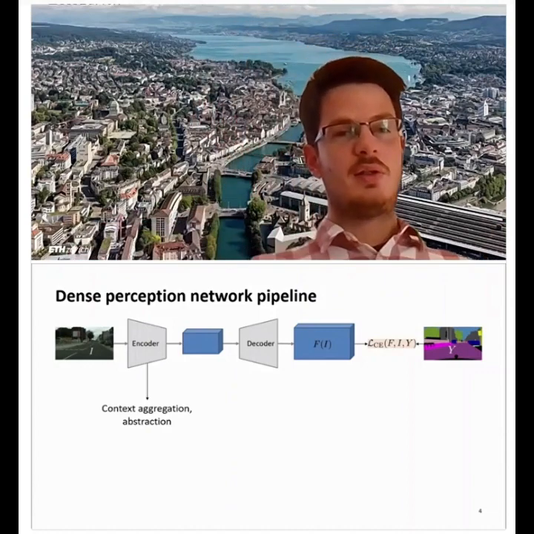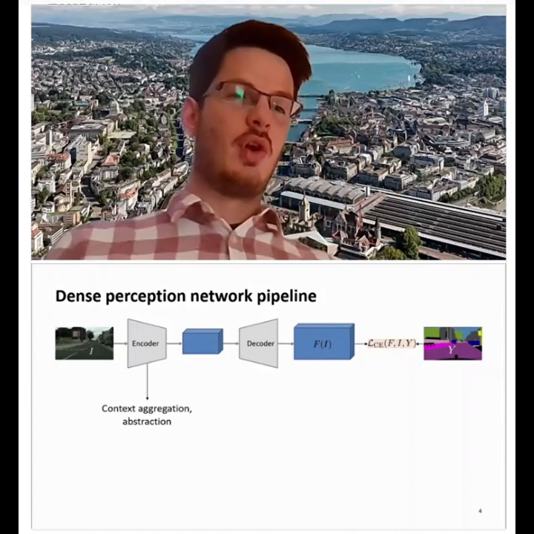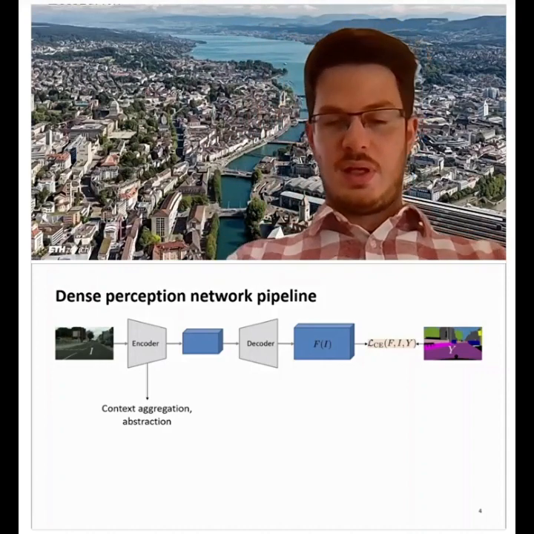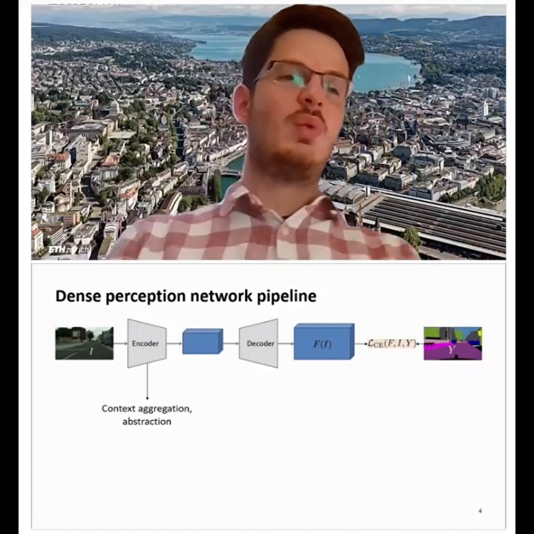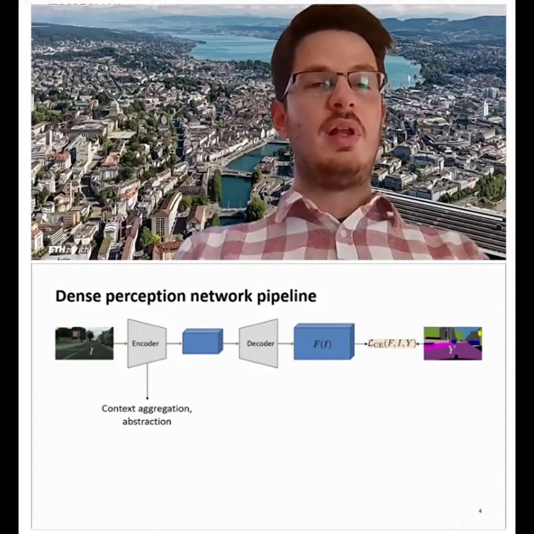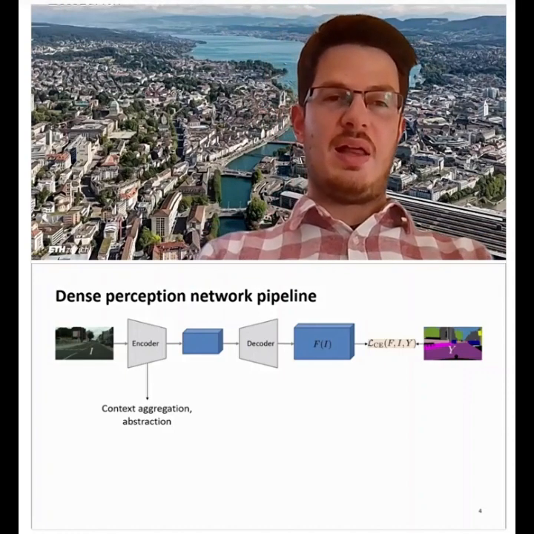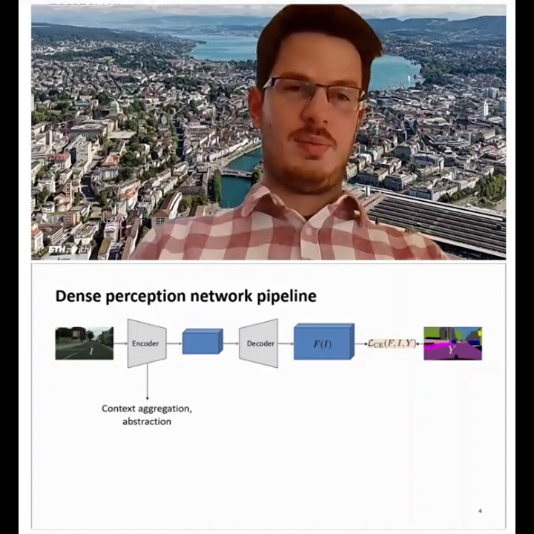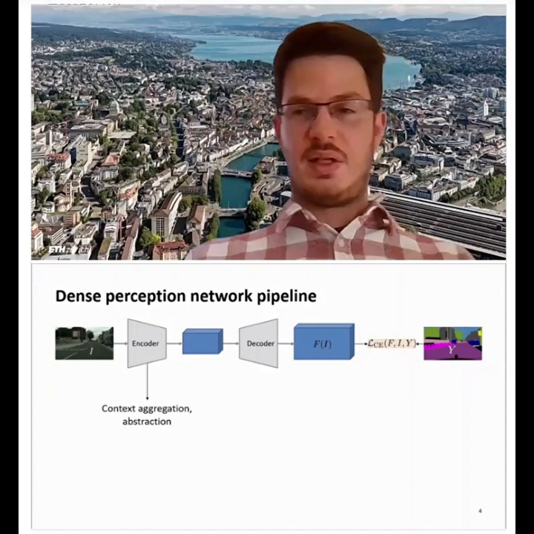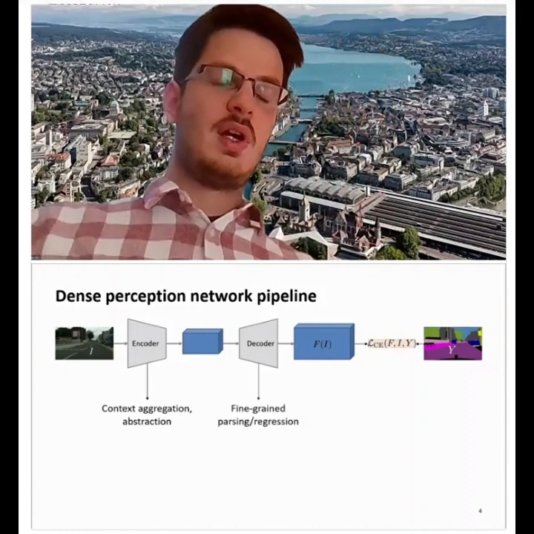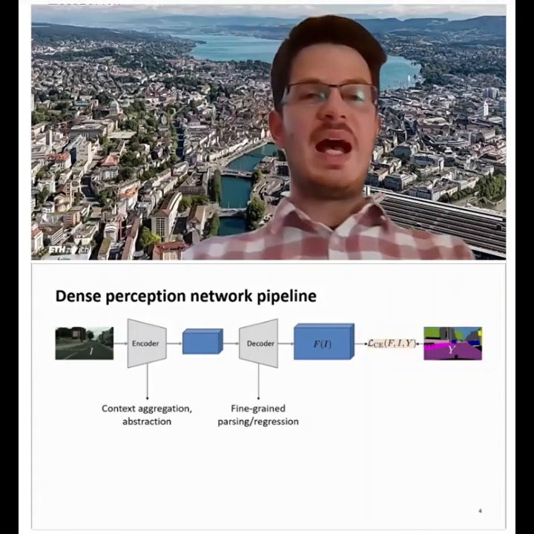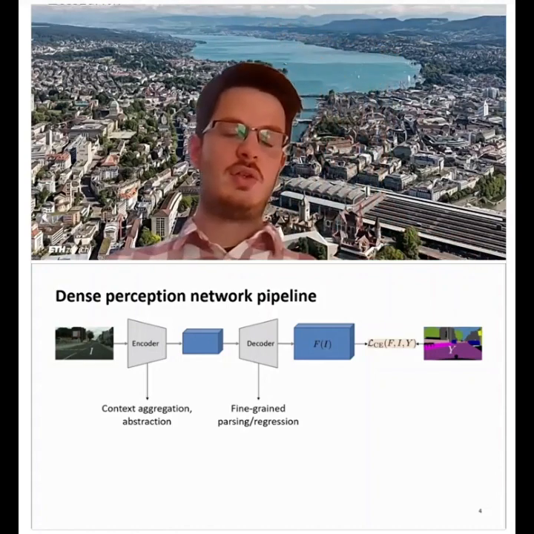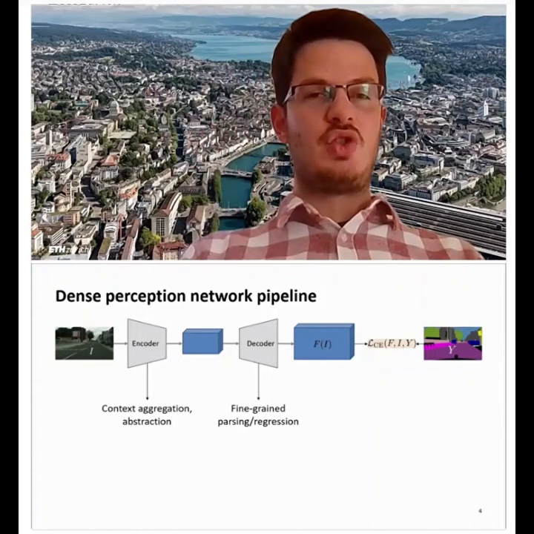In that part, we have aggregation of context across different regions of the image, and the network tries to abstract away from the low-level textures and other cues like edges in the image to higher-level concepts and extract the relevant information for these concepts.